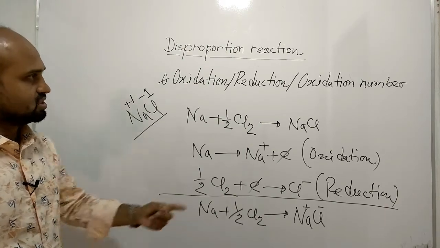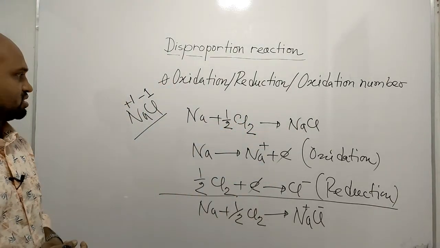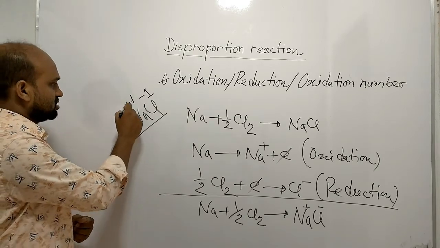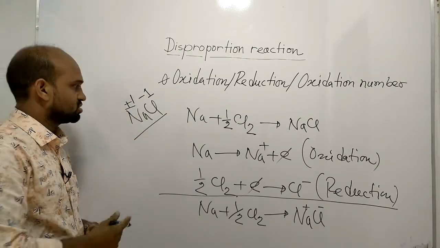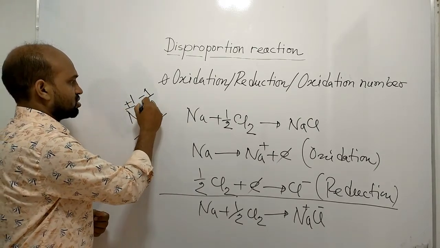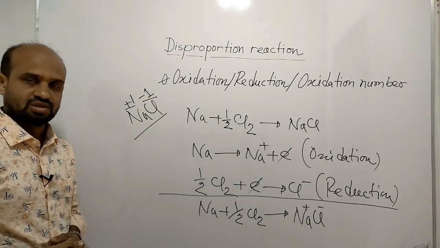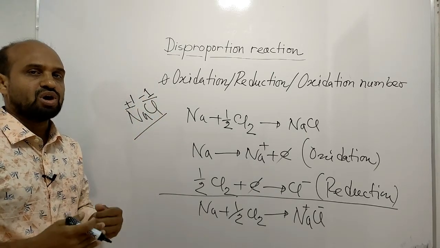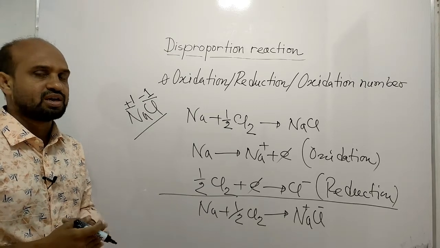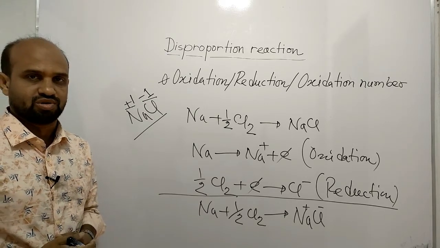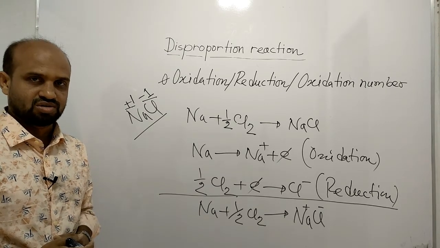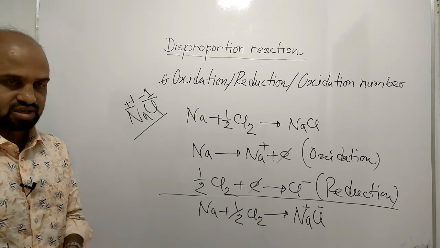Now the definition of oxidation number. The number of electrons donated or accepted by one atom of any element in a molecule is called oxidation number. Let's see again.